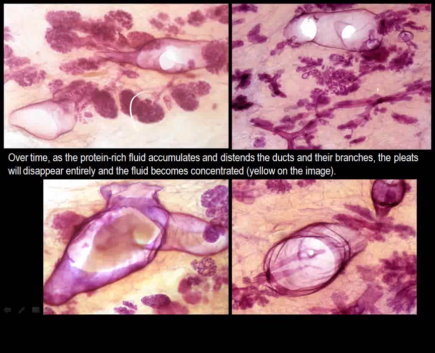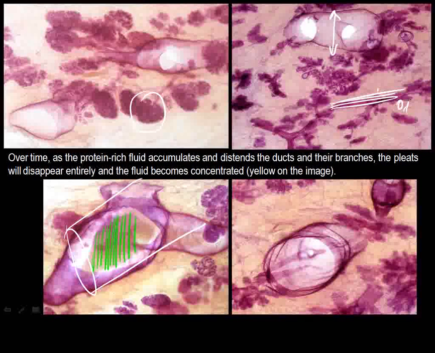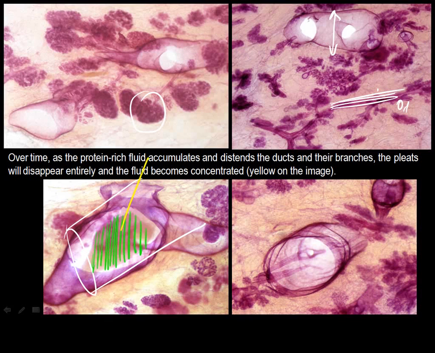So the fluid accumulation within the duct, which is originally pleated and measures about 0.1 millimeter, may be gradual. So we are going to get duct ectasia, and the fluid inside is going to accumulate, but gradually getting more and more concentrated because the water is going to be absorbed.